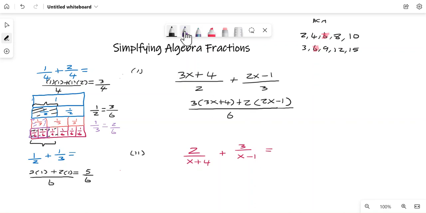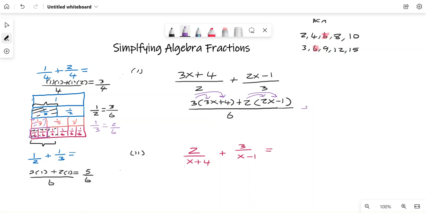Now we want to remove the brackets. So how do we remove the brackets? We multiply this by this, this by this. So 3 by 3x, 3 by plus 4. And then we do this multiplied by this, and this multiplied by this. And that's all going to be over 6.